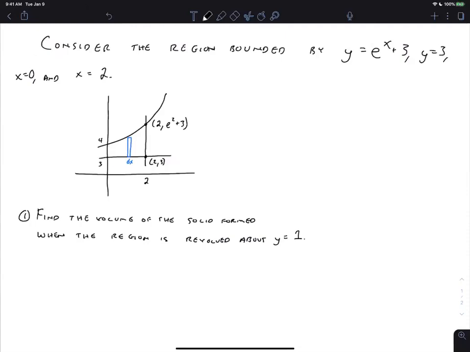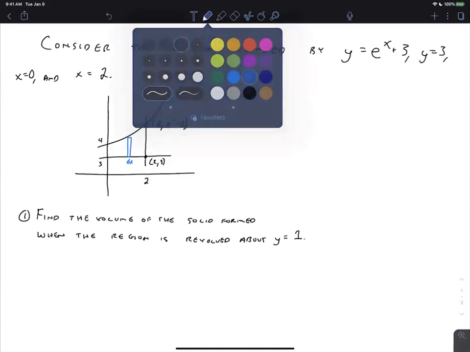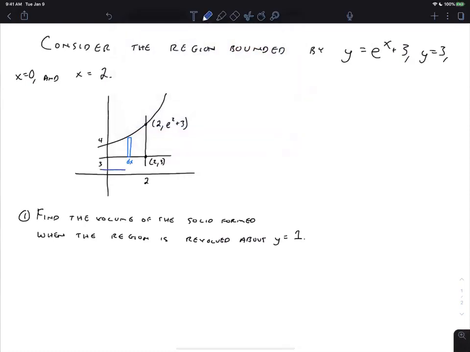All right, so y equals 1 is a horizontal line under the region. I'm going to draw it down here. That means we think of the rectangle as being perpendicular to the line. So we're going to think of a large R and a small r, because we're going to use the disk washer method.